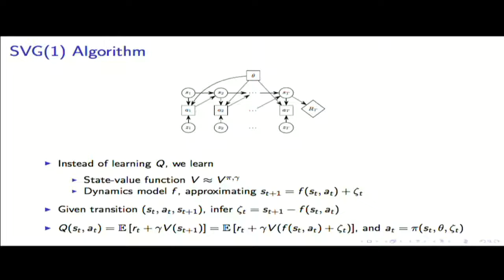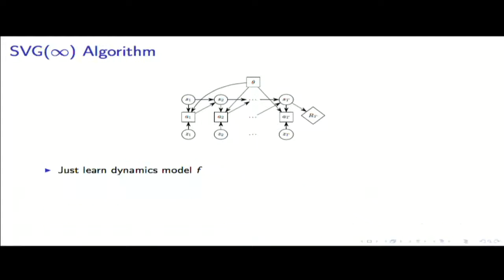So we run our dynamics model for one time step to get the next state, and this is our expression for the next state, and we plug that into the value function. So this expression is just using a one-step look ahead using our dynamics model, but we're never using our dynamics model for more than one time step.